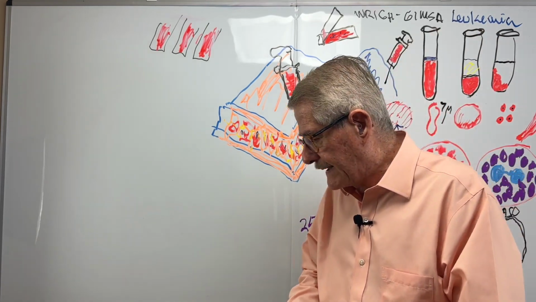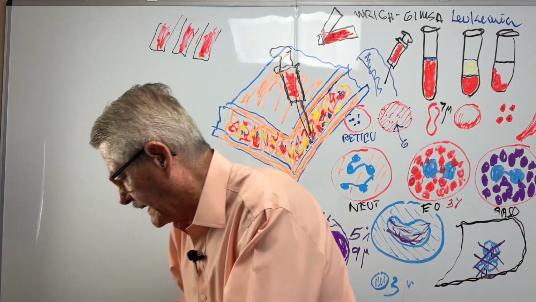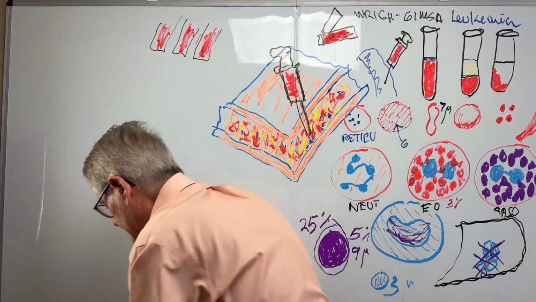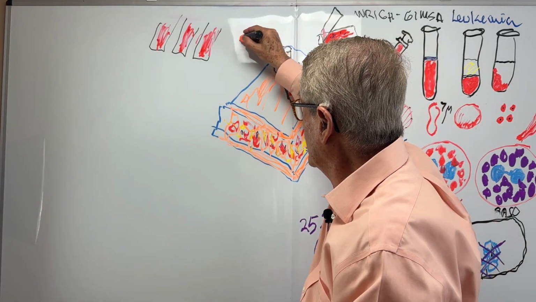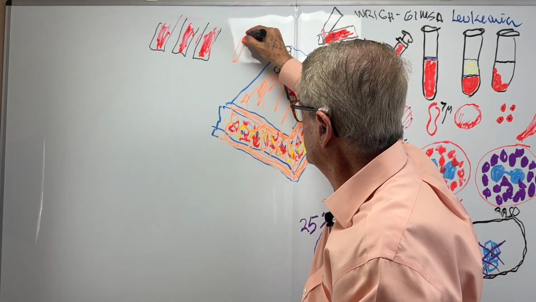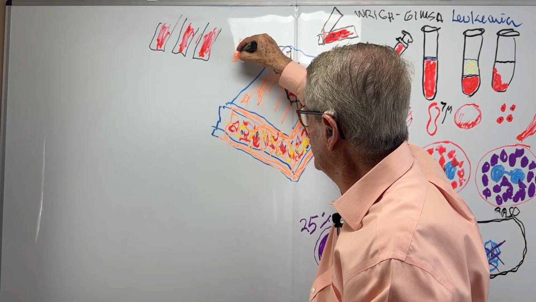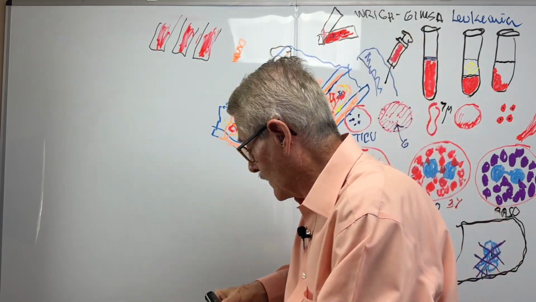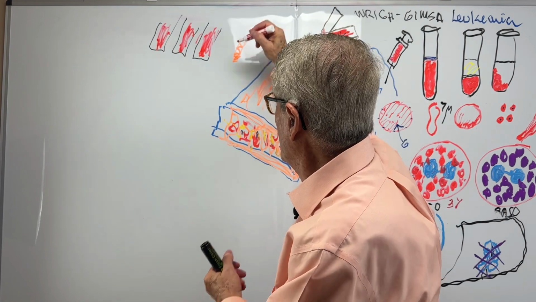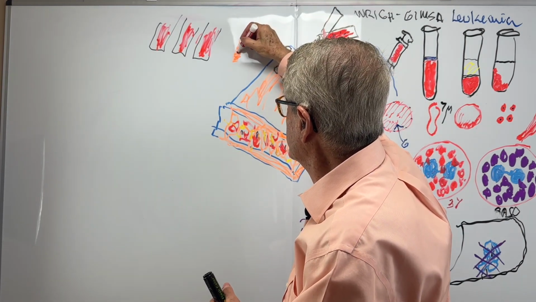Now, when we get a bone marrow core, let me put it here, we get the core of bone with trabeculae in between, and with bone marrow in different spaces.